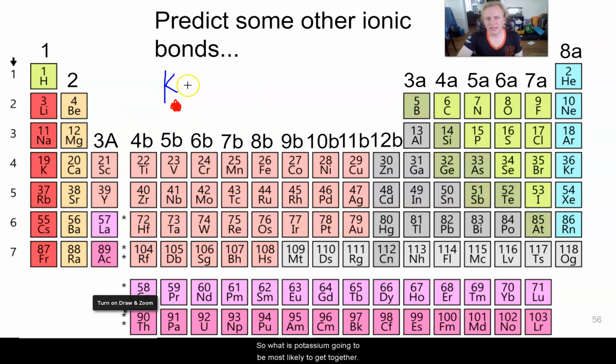So what is potassium most likely to get together with? Well, it's most likely to get together with one of these group 7 elements. So you could have potassium, and we'll put the nonmetal in dark green. You have potassium iodide, because remember, iodine has 7 valence electrons.